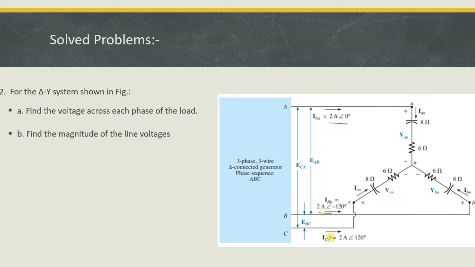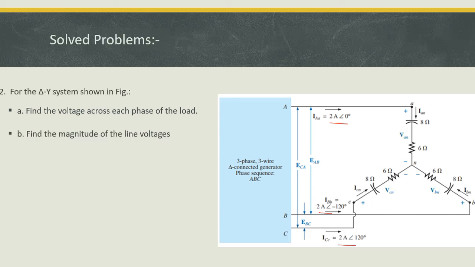So 2 ampere at an angle of minus 120 degrees and 2 amps at an angle of plus 120 degrees. From the currents themselves we conclude that these three currents are balanced, so definitely my load is in a balanced condition. Now I want to find the voltage across each phase of the load and the magnitude of the line voltages.